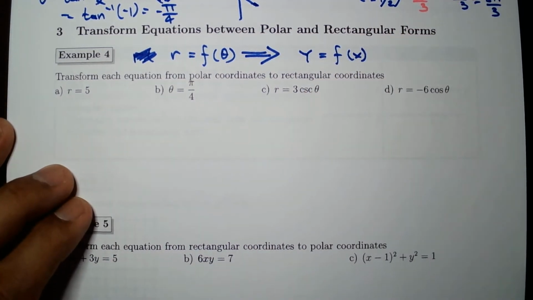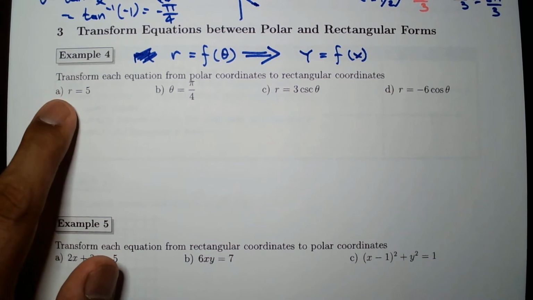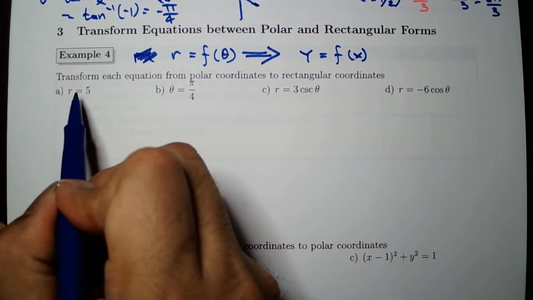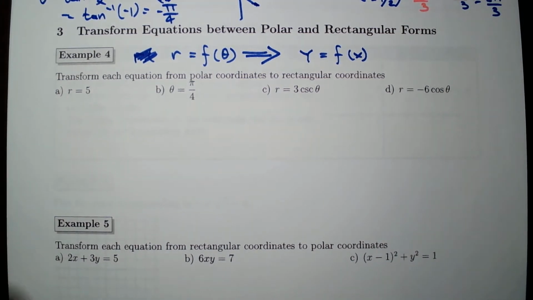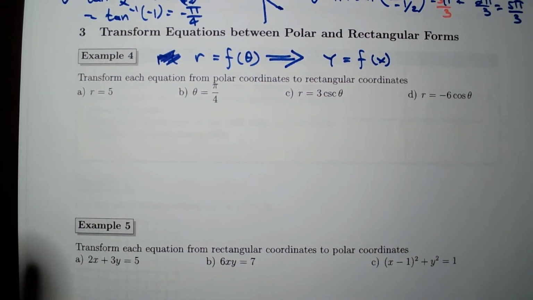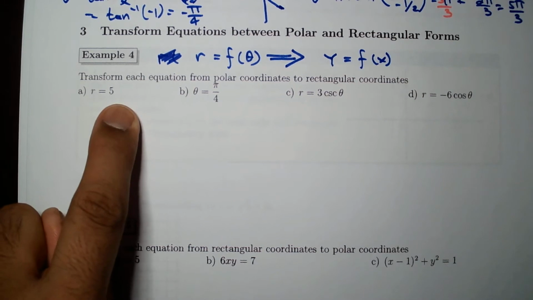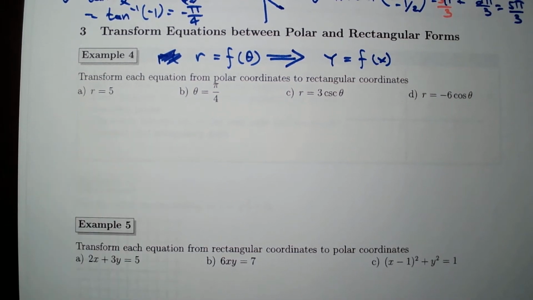All right. Okay, let's start with r equals 5. Well, r equals 5 means radius equals 5. Well, when you think of radius, we think of a circle. So we're looking for a circle of radius 5. But now, how do we express that algebraically?